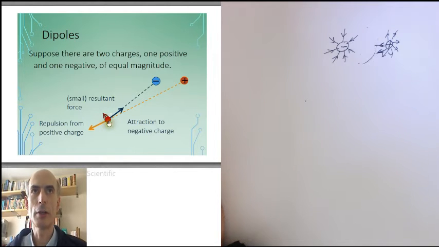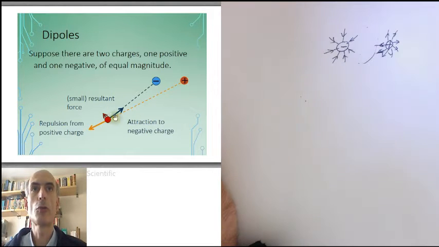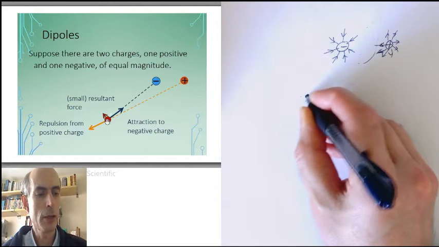So the flux lines at this point here would be pointing in this direction, and they'd have quite a small density because these forces almost cancel each other out. The net force on this unit charge here is much smaller than either the attraction or the repulsion force. So we know the flux lines at this point here are going in this direction.